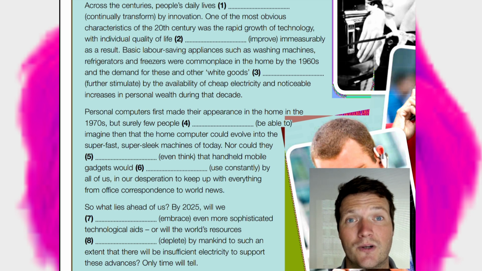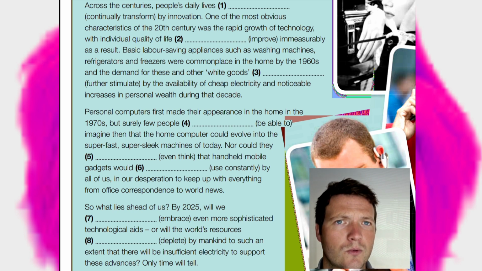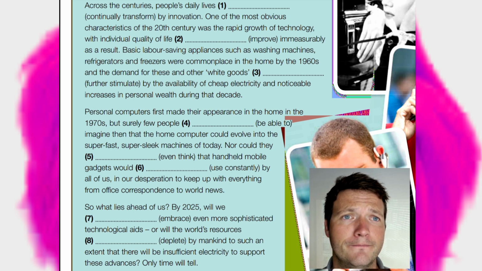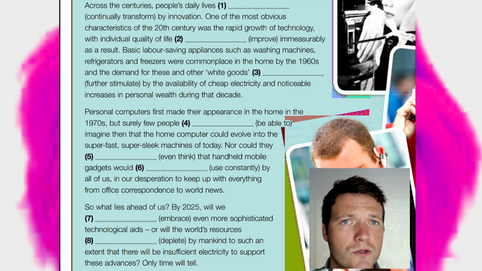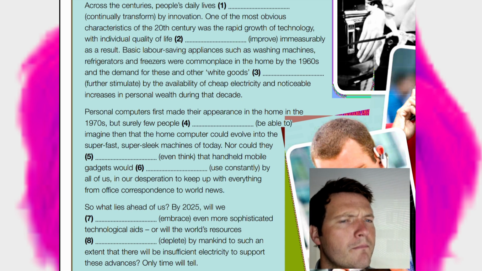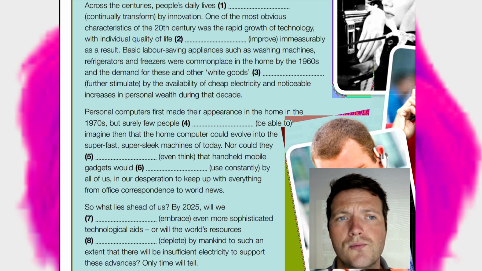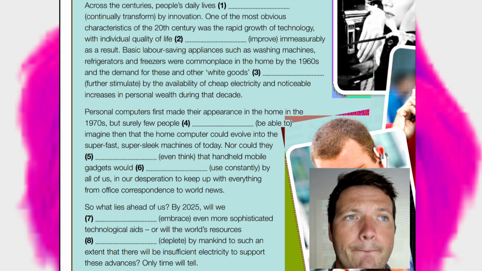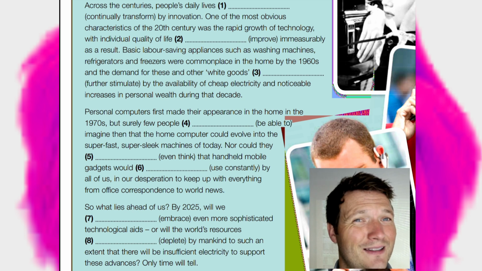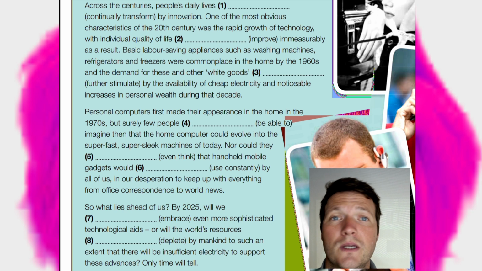I think the simplest one here would be with individual quality of life improving immeasurably as a result. I think there could be many more options there. So let me know in the comments if you have any other ideas. I think there's lots of things, but the simplest one, with quality of life improving immeasurably as a result, yeah.